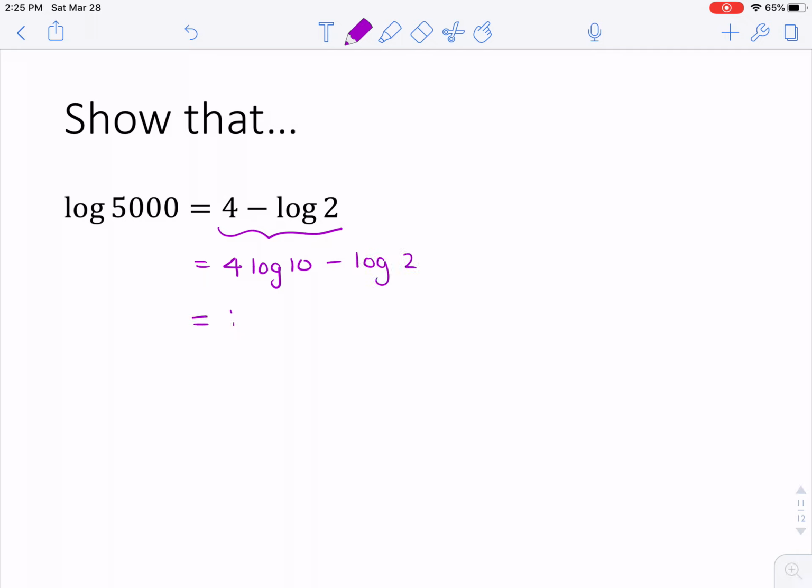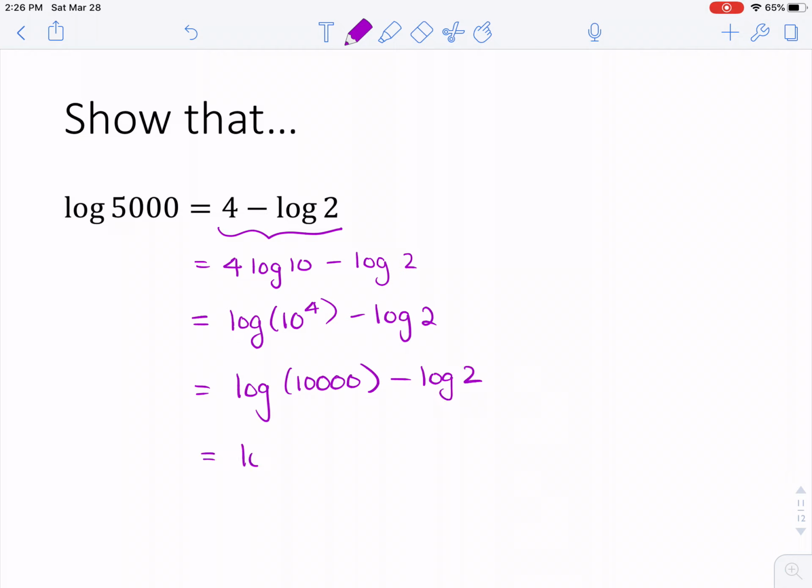Now I'm going to rewrite as log of 10 to the 4th, those power rules, minus log of 2, and 10 to the 4th is 10,000. That was part of one of the other problems. Minus log of 2. Subtraction means we end up doing division. So we're going to do 10,000 divided by 2, or the log of 5,000.